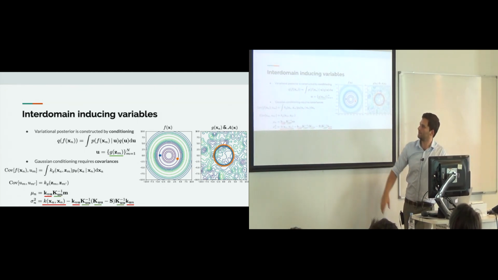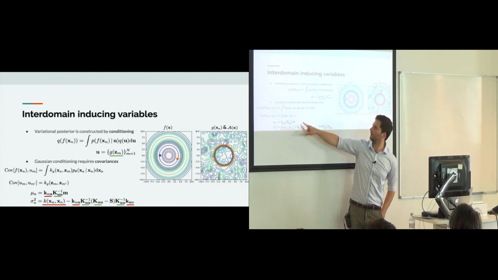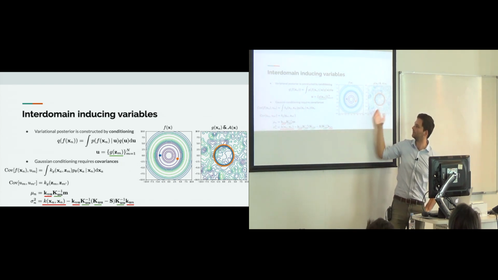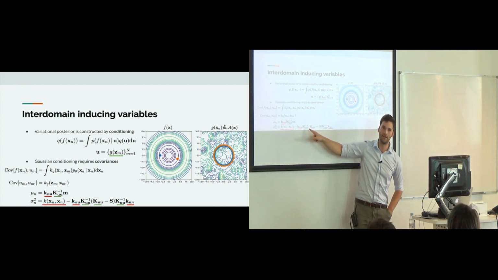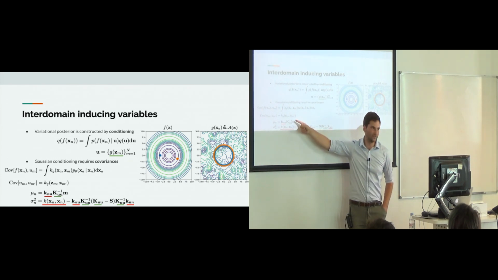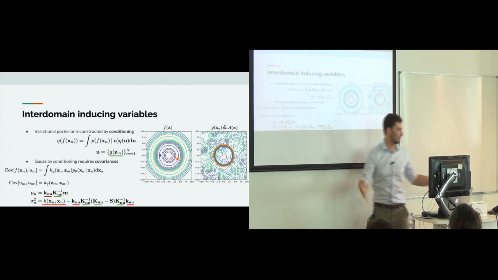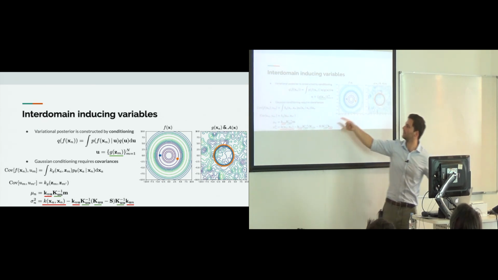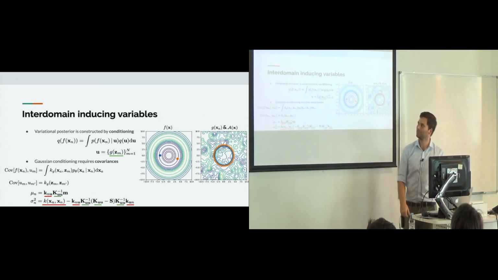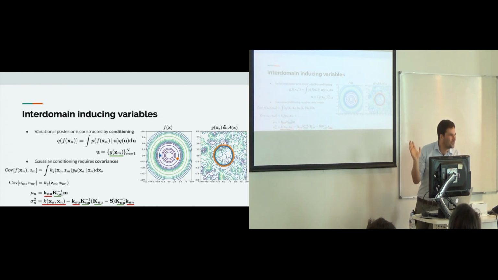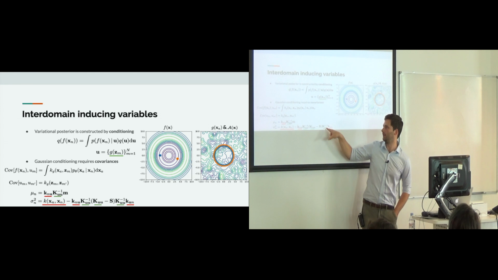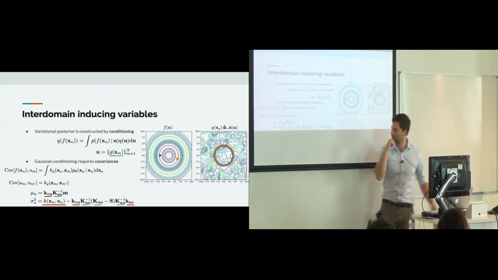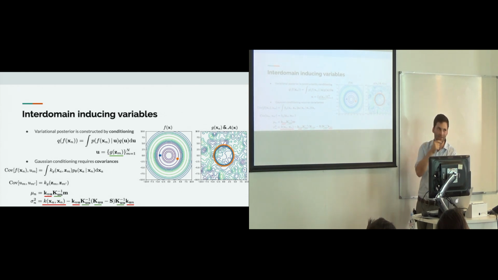So by placing the inducing points in this space, the covariance between the inducing points themselves is just the original covariance which we can easily compute, and the covariance between the inducing points and the observations becomes a single integral. We still can't compute the single integral, but it's less bad than a double integral. But what we can compute is the inducing point matrix itself. So we've made some progress.